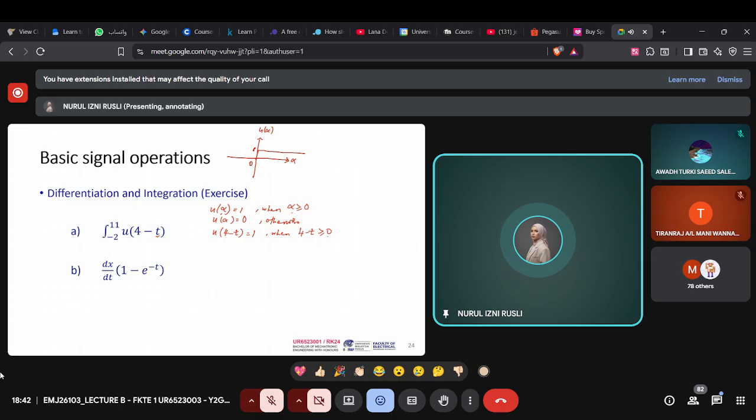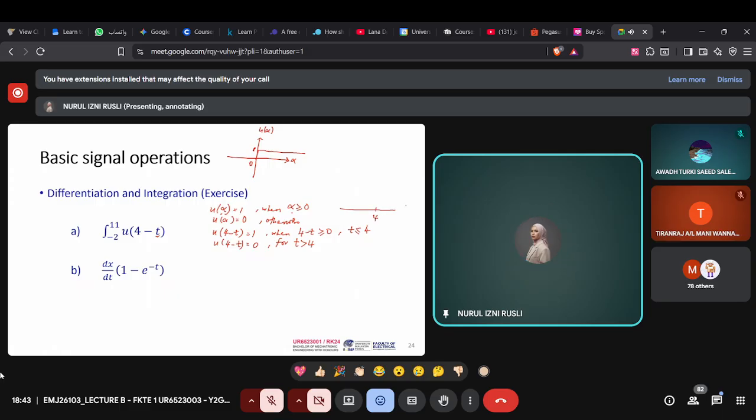So this term here you could rearrange further, then you could see that you are having t that is less than or equal to 4. And of course, u of 4 minus t equals 0 for t that is greater than 4. Because now your signal no longer starts at 0, but it is something like this.